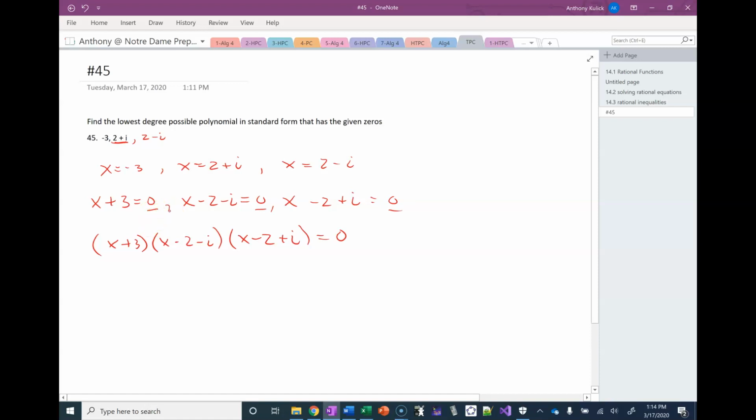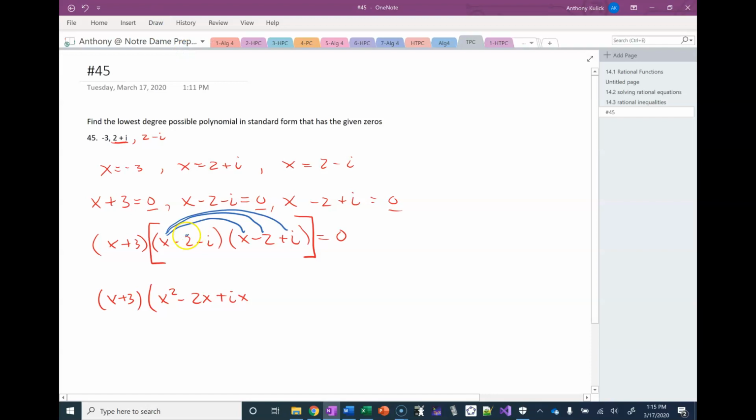Now all that's left for me to do is to FOIL this out. I find it easiest if I FOIL the conjugate parts together first. So I'll do x times x, x times negative 2, x times i. That gives me x squared minus 2x plus ix.